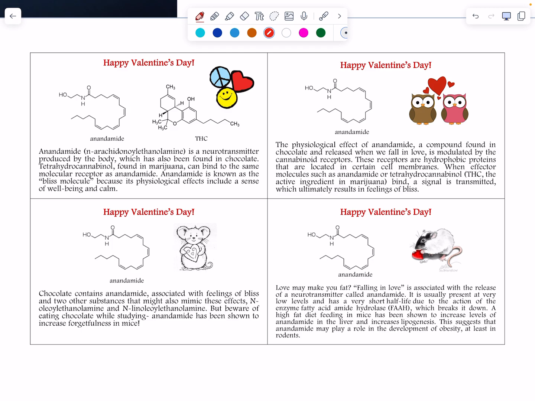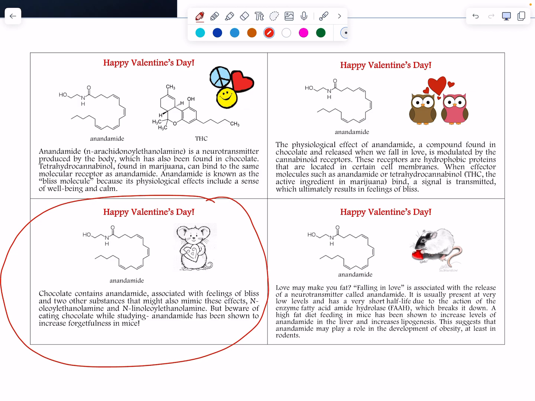Okay, so I'm just going to pick one of them, this cute little mouse here. So this is anandamide. If you eat any Valentine's Day chocolate, you will be consuming anandamide. And it's one of the things in chocolate that makes you feel good and happy.